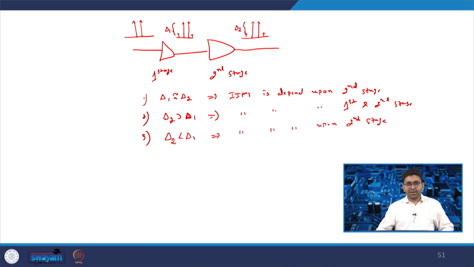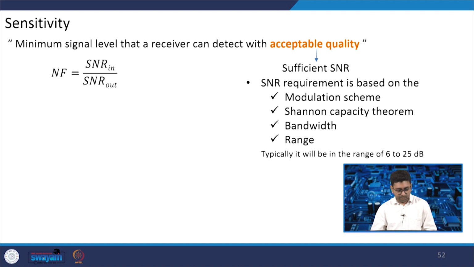Now we have discussed noise figure and non-linearity. Now we will discuss a very important term for a receiver, that is sensitivity. So what does sensitivity mean? It is the minimum signal level that a receiver can detect with acceptable quality.